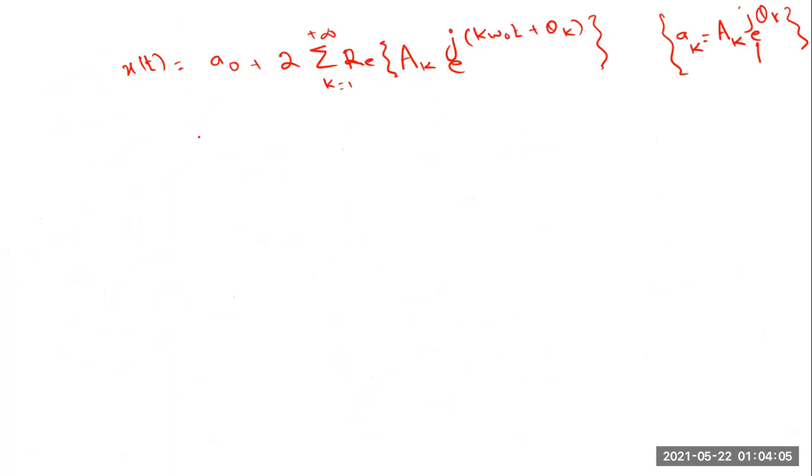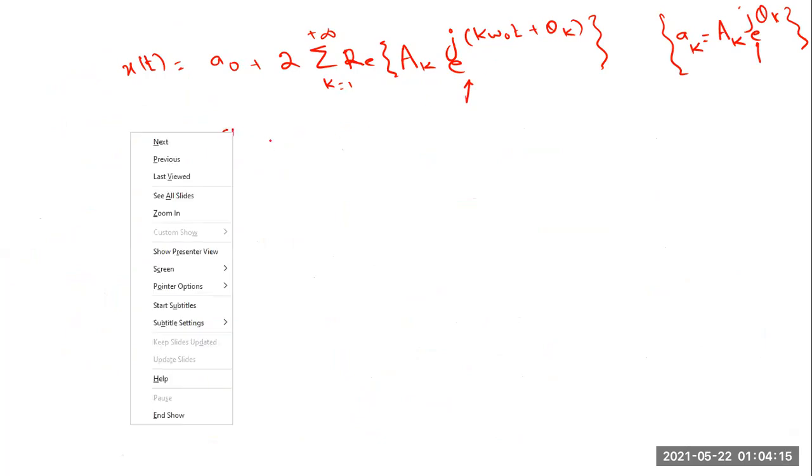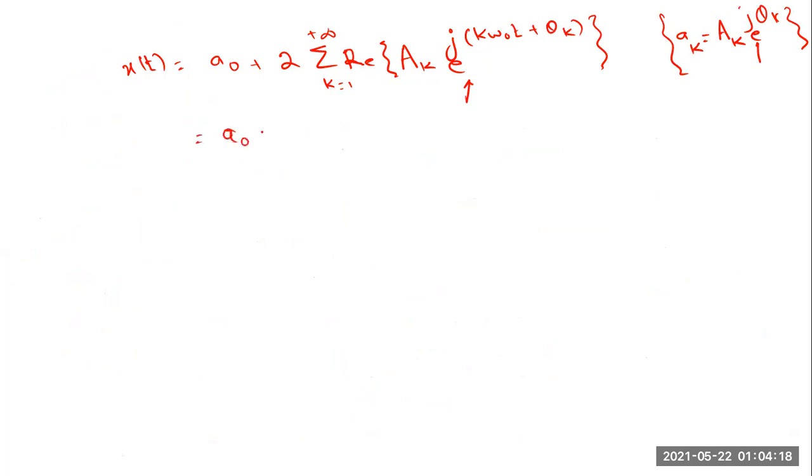So now you know what the real part of this thing is. The real part of e raised to power j omega naught must be equal to the cosine function, by Euler's relationship. Okay, so what you get? You get a naught plus 2 summation k equal to 1 to plus infinity, and then you have Ak cosine of k omega naught t plus theta.